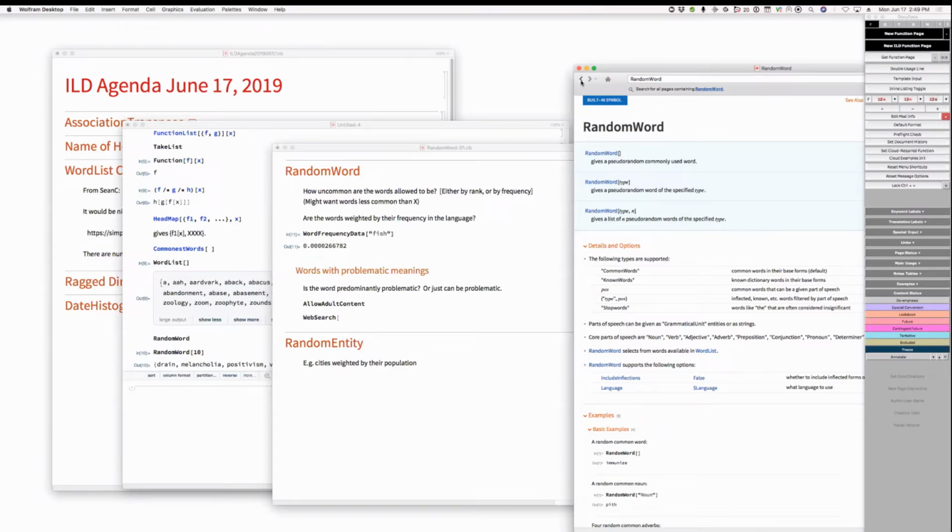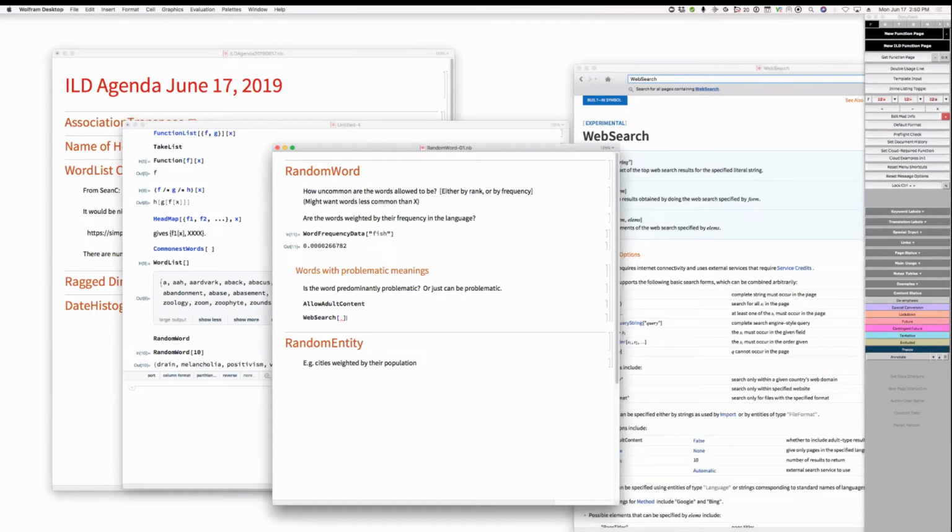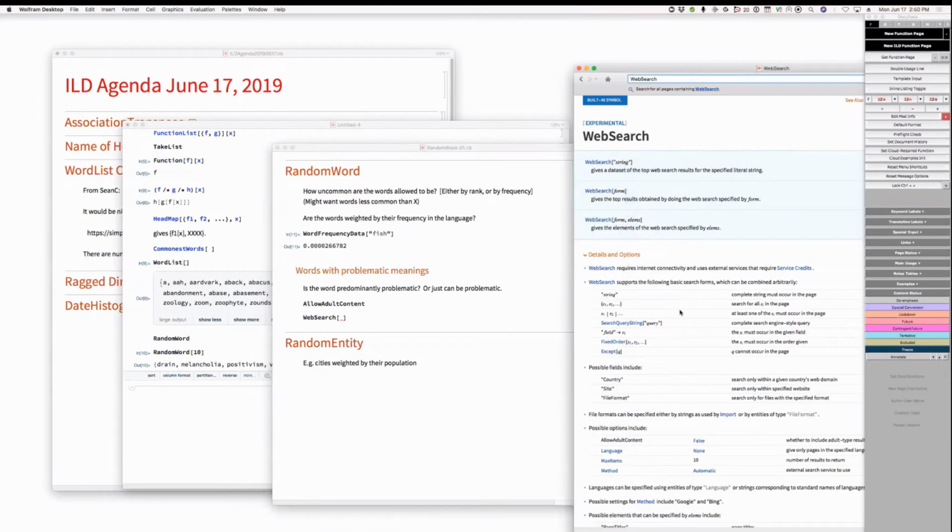I don't know whether this is the right way to do it. Okay, well, but I think that the general idea of allow adult content as an option. So wait a minute. If we do want to get problematic words, we get that if we go to all known words. Is that correct? As opposed to common words. Okay. That's everything in the dictionary. Yeah.